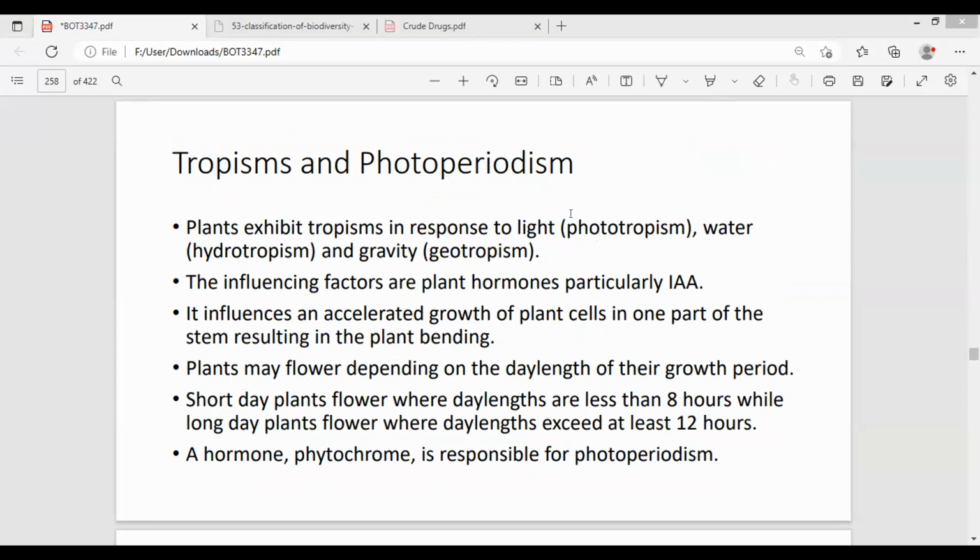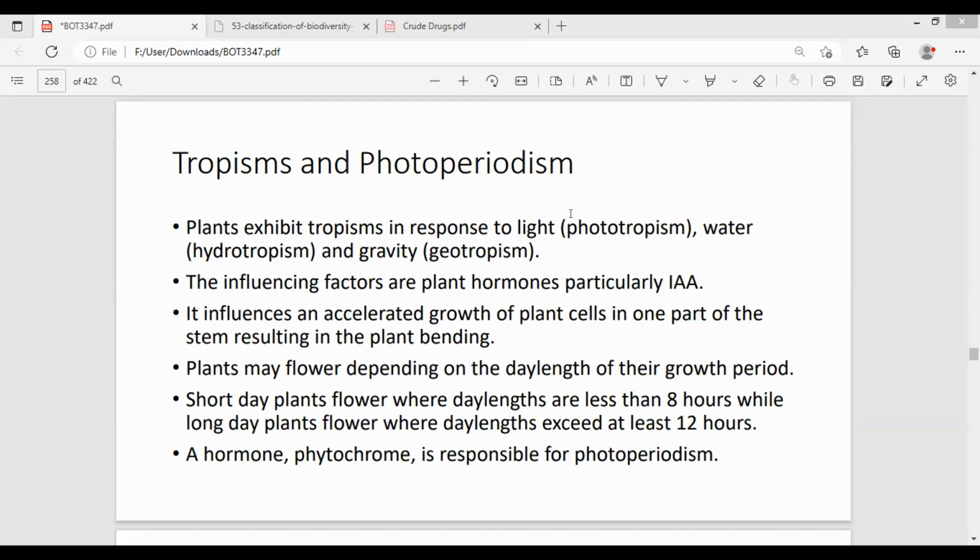So phototropism, remember that experiment whereby you cover your plant with a container, then you drill a hole somewhere where the light will be coming from, and the plant will grow towards that hole. That's phototropism. The plant will go looking for the light.